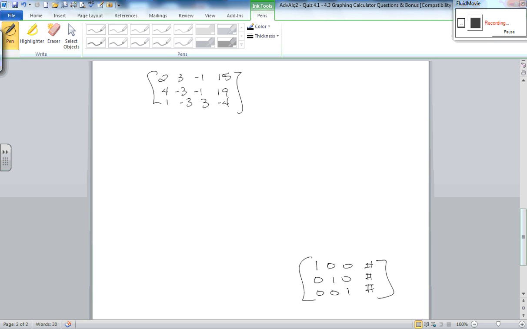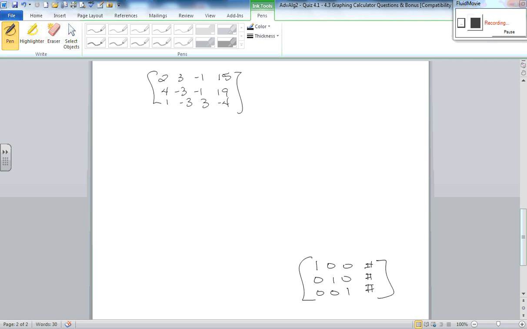The way that we do that is by manipulating these rows. We can interchange 1 with 2, which is the first thing I'm going to do. Multiply, add, subtract, divide if you prefer. But just keep in mind that these are equations, and the properties of equality hold true, and all the techniques we use for solving systems apply here.